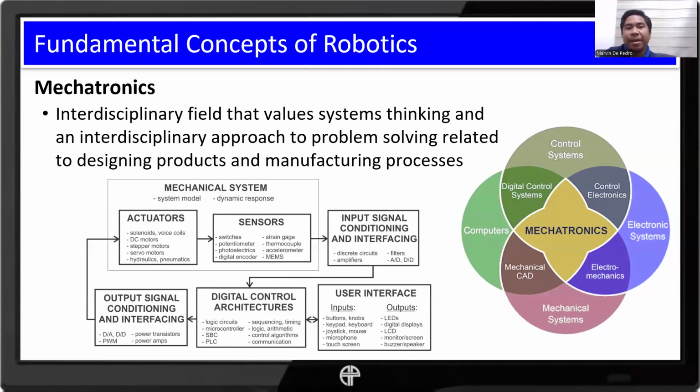If we have the input signal conditioning, we also have the output signal conditioning, and the output of that will be fed to the actuators. You can observe the different mechatronics products, and you can actually apply them in your robotics design.